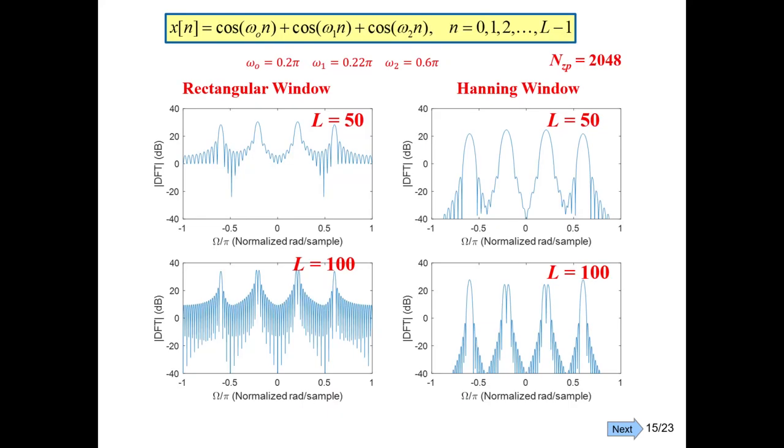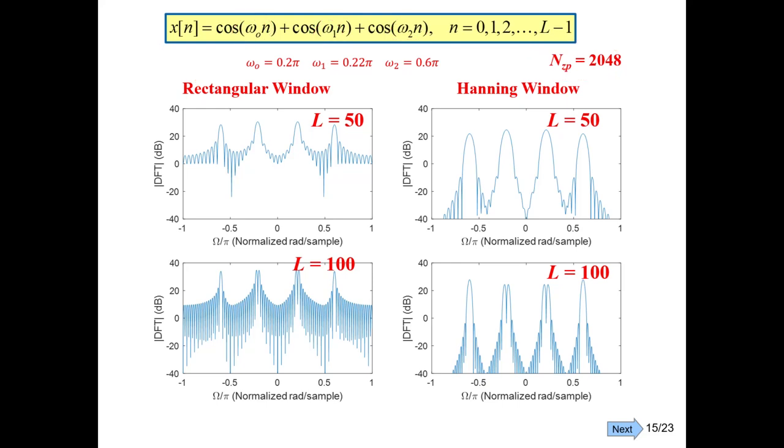Okay, here are some other examples. Here are three different sinusoids. Again, I left the omegas here. It would be better if all of those were omega 0, omega 1, omega 2 with capital omega. And I don't do quite as much zero padding here, but it doesn't really matter.